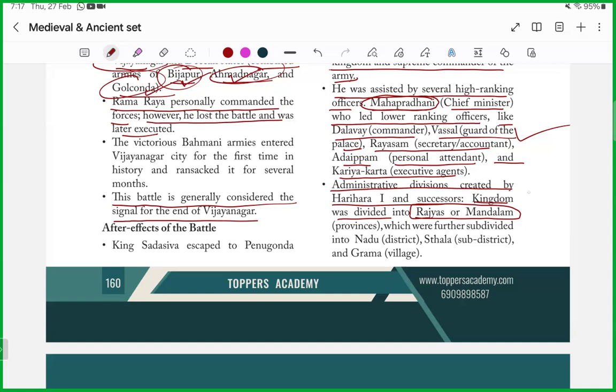Iktas. And what was the name of the village headman during the Delhi Sultanate period? Come on, guys. Muktis.